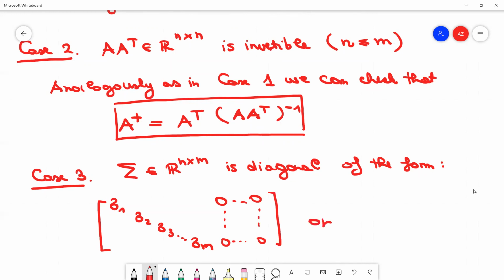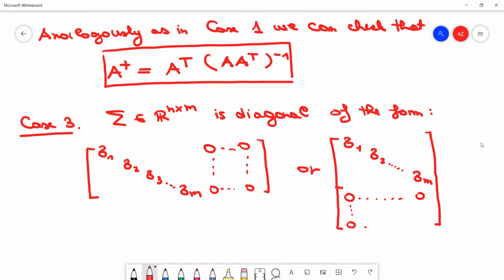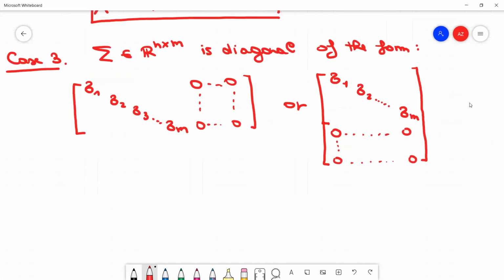And the other possibility is that there are more rows than columns. So in that case, we start with sigmas on the diagonal, and we bump into the right end of the matrix, and then we have some 0 rows below.